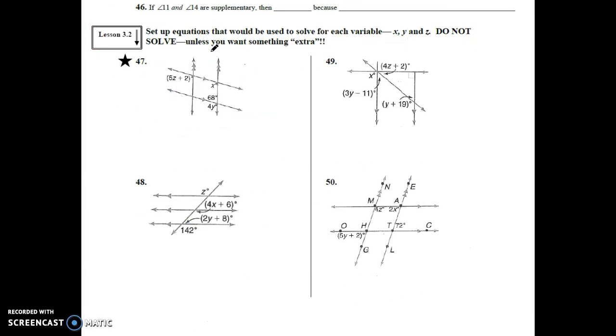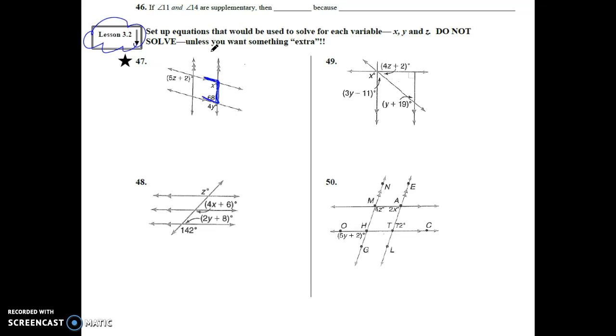The last chunk of questions goes back to applying all the information that we learned. You have some examples in your notes in lesson 3.2. Although the picture looks a little overwhelming, just pay attention to the arrows and the lines that are parallel. If I look at this, I see angle X, and I see the 68.